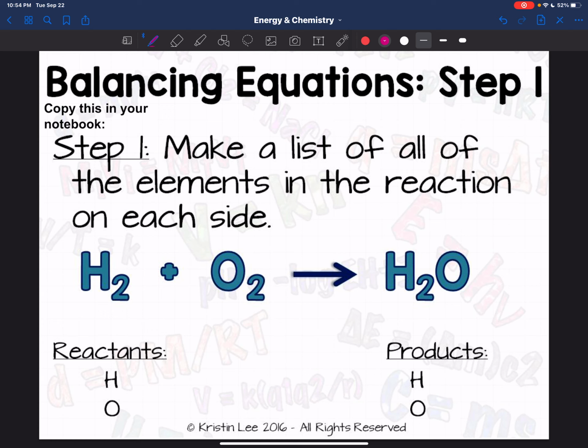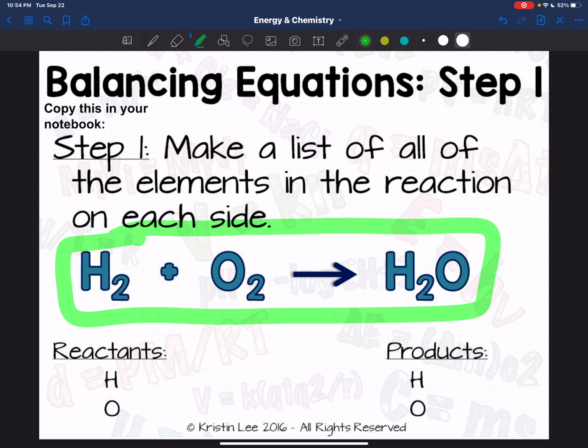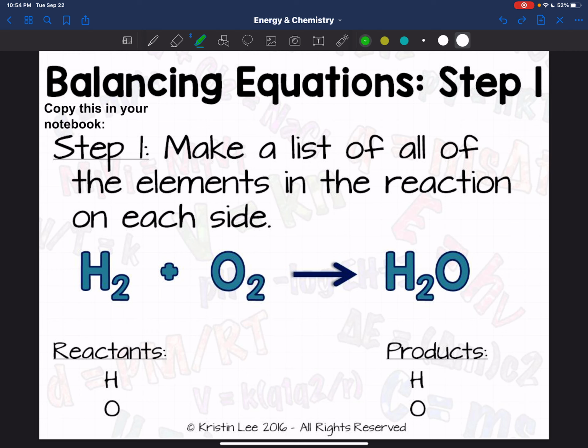First you're going to write this equation in your notebook, and then we're going to make a list for each side. I've got hydrogen and oxygen, and I just list those. On the product side, I've got a hydrogen and an oxygen, so I've just listed those. We're not counting anything yet, you're just listing your elements.